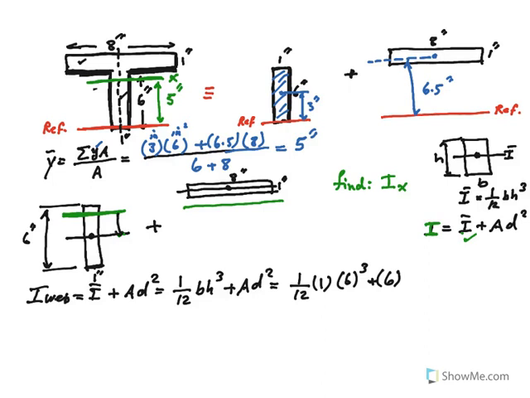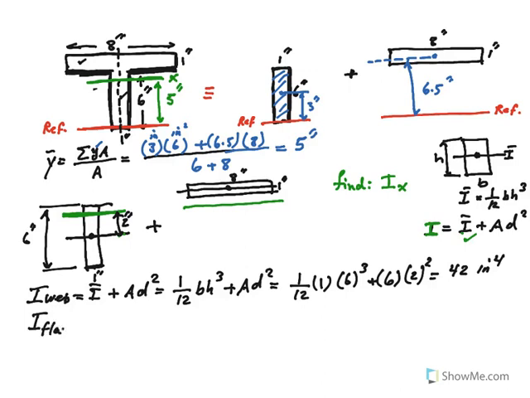And what is d? This distance is 1 inch and this is 3 inches, because it's right in the middle of the web. So this would be 2 inches. That's your d, so 2 squared. If you do the calculation, this comes out to be 42 inches to the power 4. Okay, that takes care of the web.